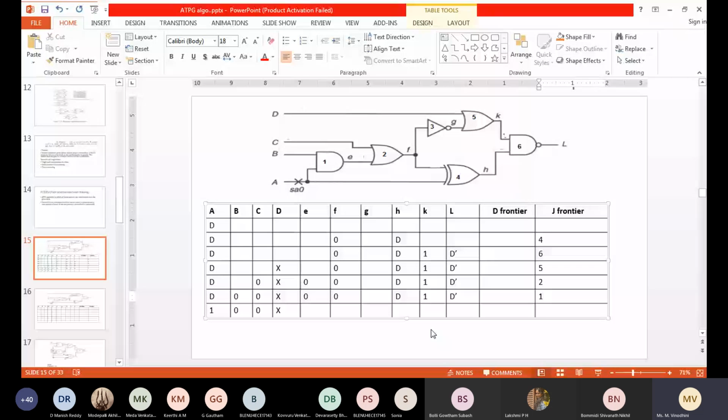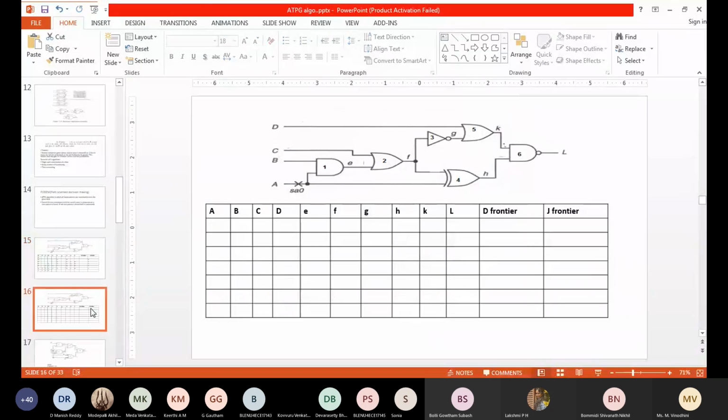Is it clear? Now, I want you to try. We tried this path A, E, F, G, K, L, which failed. Then we took A, H, L, which worked out.